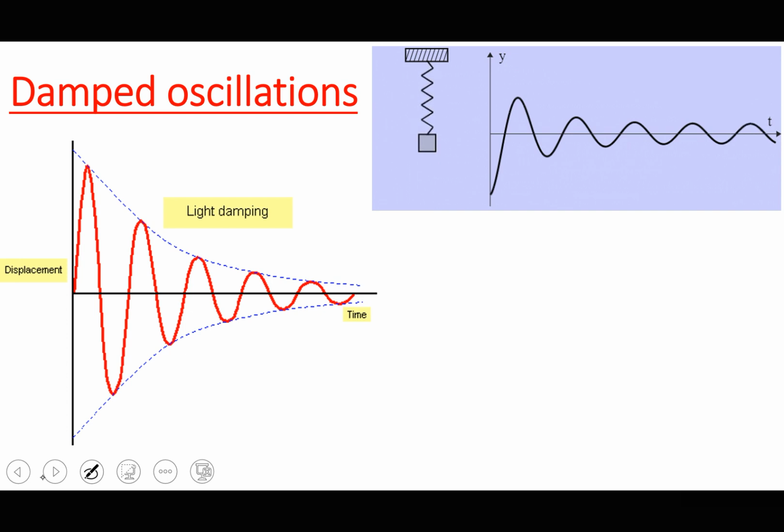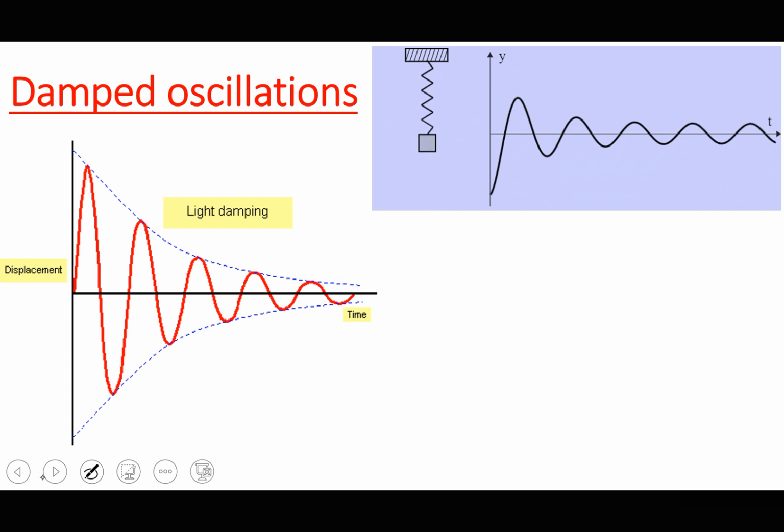But in real situations, the ones we observe in the laboratory, like with a simple pendulum or with a mass oscillating on a spring, we notice that friction, air resistance, and other resistive forces cause the oscillator's energy to be wasted as heat or to be dissipated into other forms such as heat. In that case, we say that the oscillations are being damped.